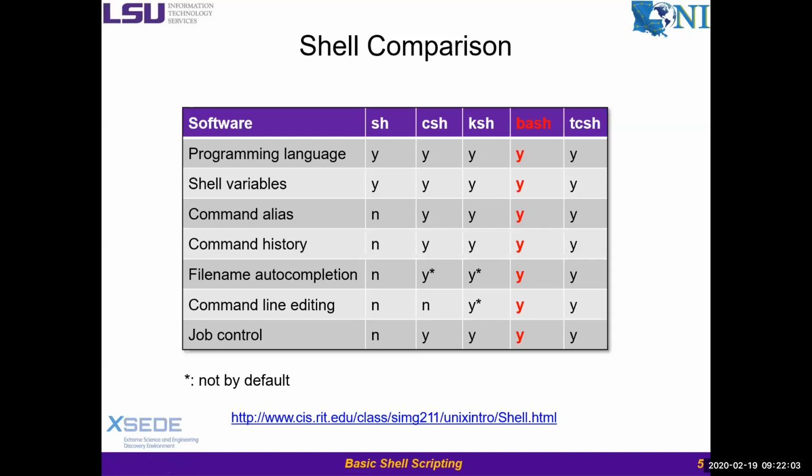That's one of the reasons why bash is so popular. You don't have to remember these things, especially if you're just starting to learn a scripting language. Just use bash. That's probably the one you start with when you first log on to any type of Linux interface nowadays.